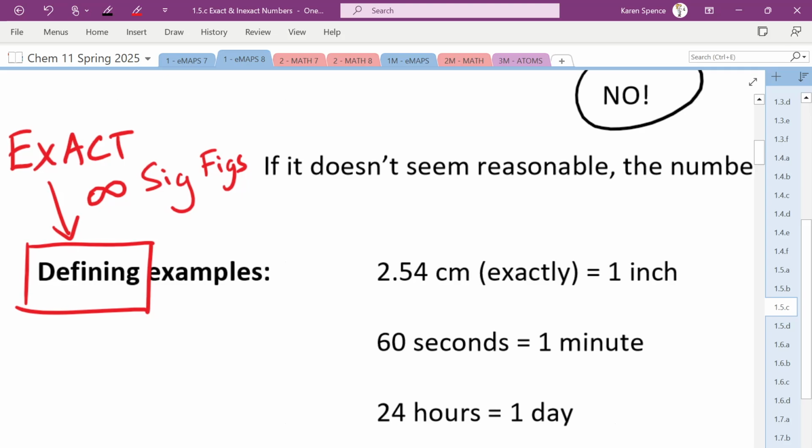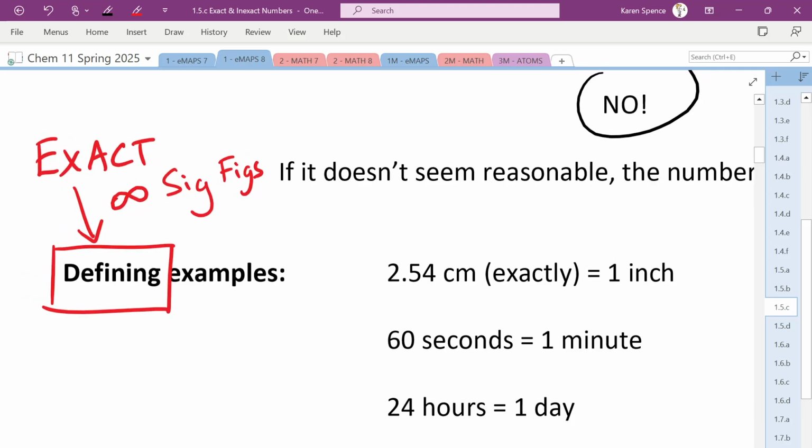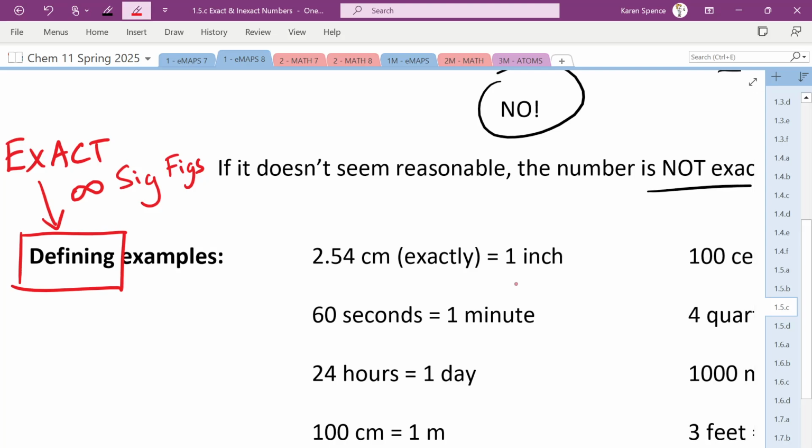So the scientific community has defined 1 inch, which is an imperial measurement, as being exactly 2.54 centimeters. And of course, centimeters is not imperial, it is metric.